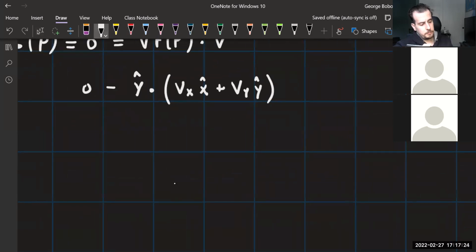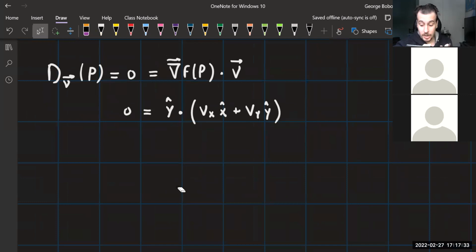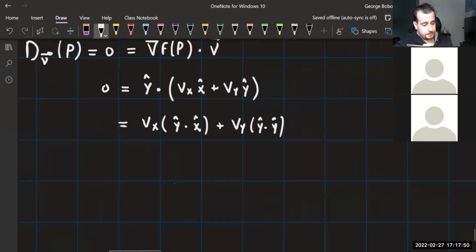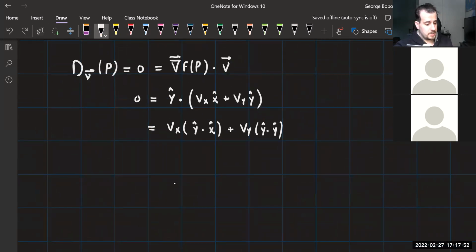What do you observe? You observe that it cannot have a y component, because when I carry this dot product forwards, I get Vx, y hat dotted with x hat, plus Vy, y hat dotted with y hat. So this needs to be 0.